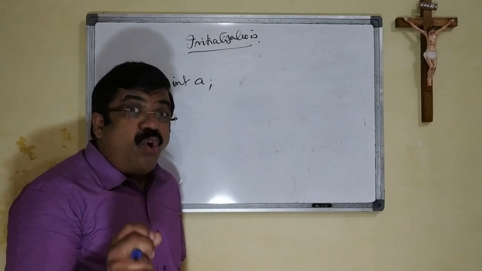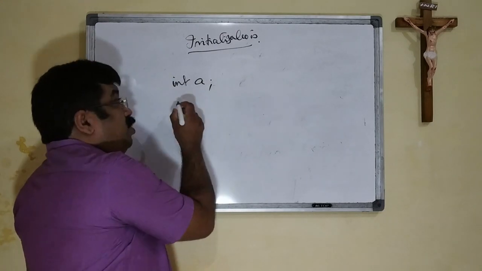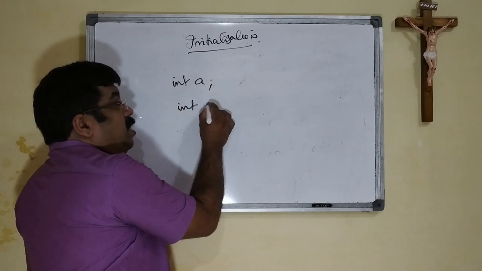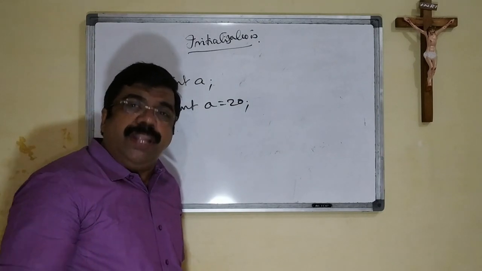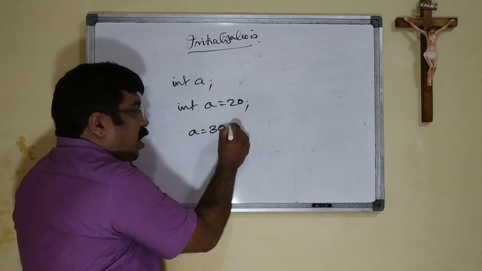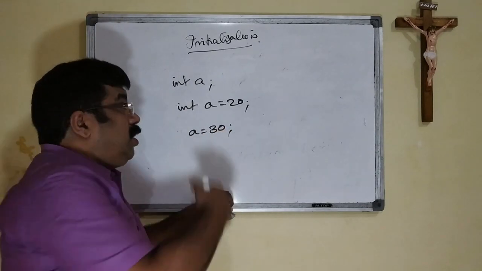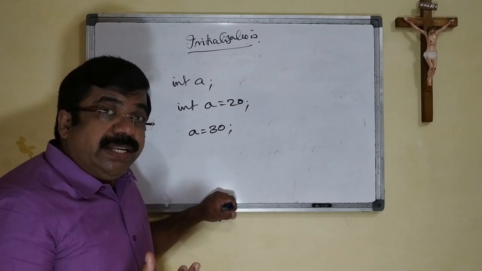That means we have not initialized. In order to initialize it, we can give int a is equal to 20. Later on in the program, you are giving a is equal to 30. What happens? The previous value of a will be overwritten.